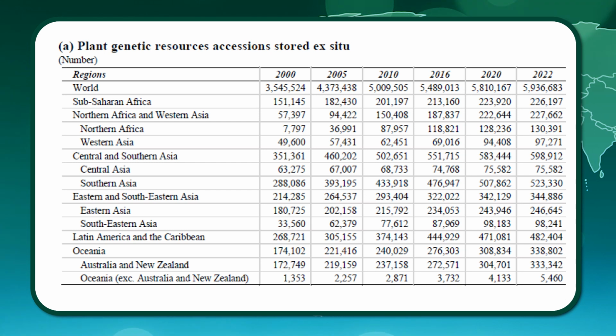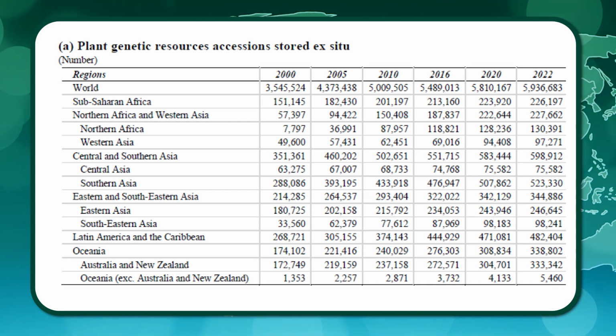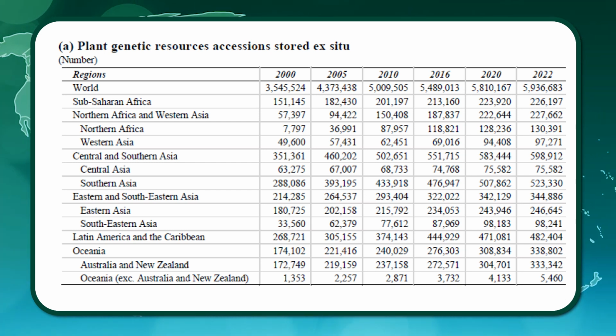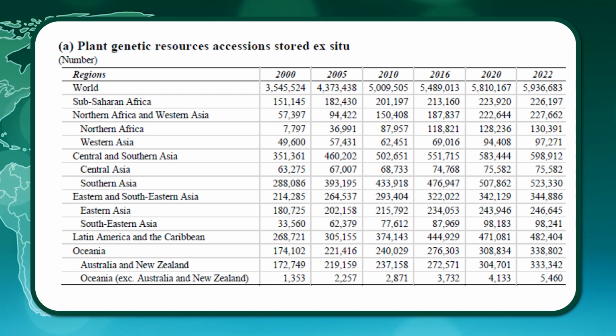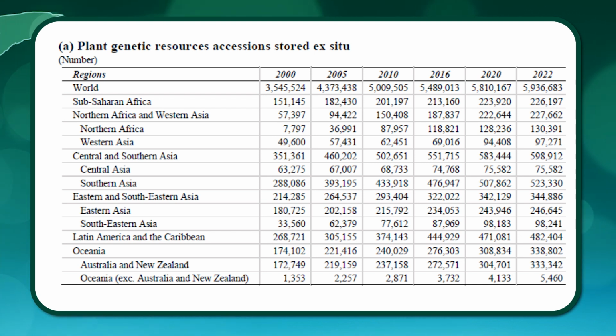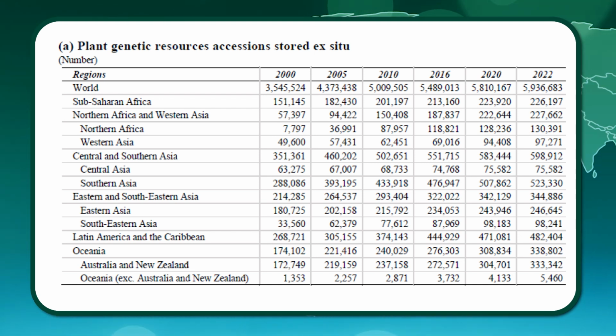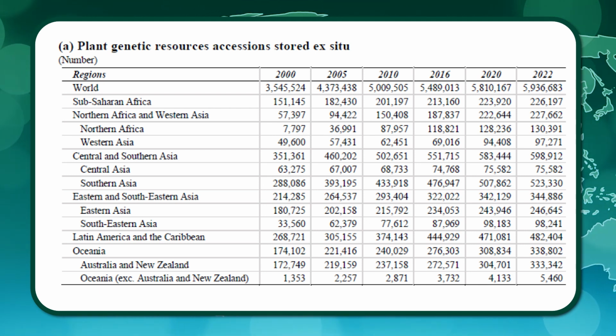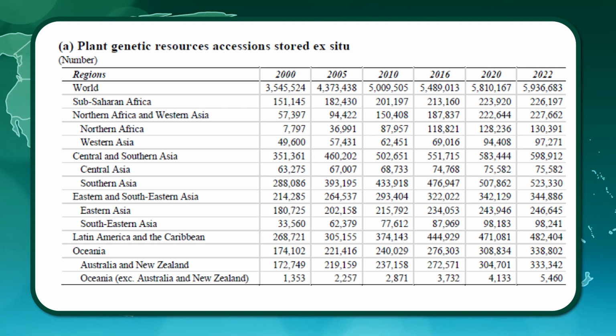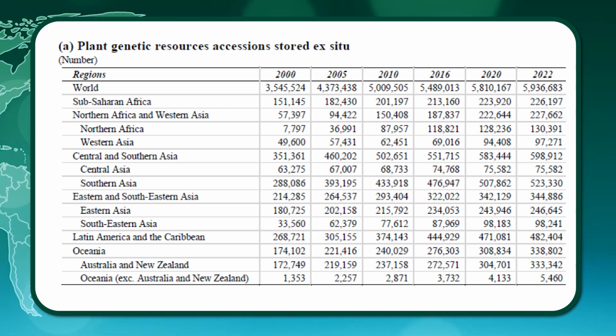Here, when you look into plant genetic resources stored ex situ, we are able to achieve up to some extent. We need to keep progressing and improving from year to year, because a number of plants and animals are unexplored as of now.